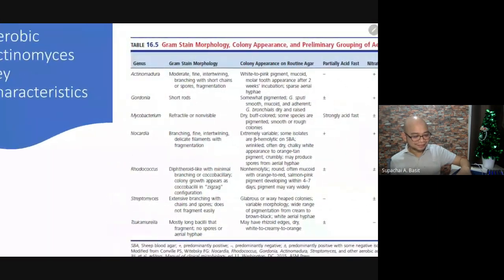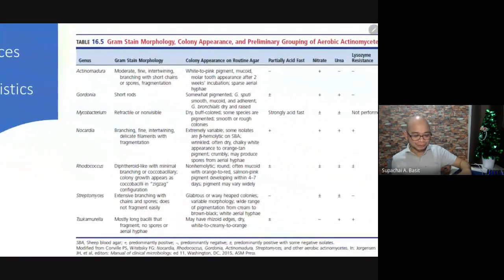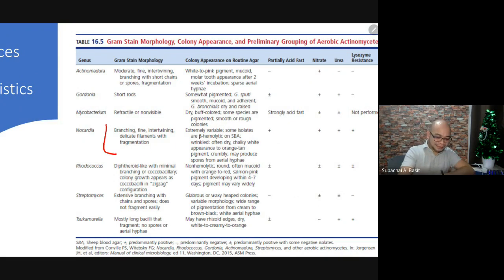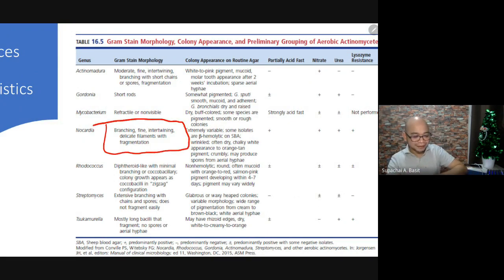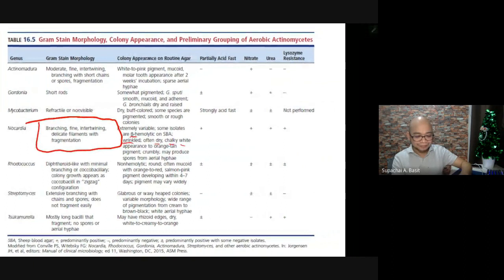Okay, so Nocardia is different from Mycobacterium. They are branching, fine, intertwining, delicate. They are extremely variable. Some of them are beta hemolytic, wrinkled, appear dry, chalky, whitish, crumbly, which is why they are called breadcrumb colonies.